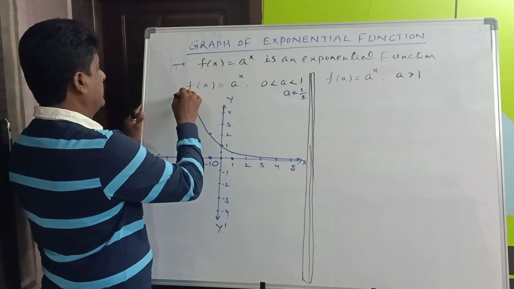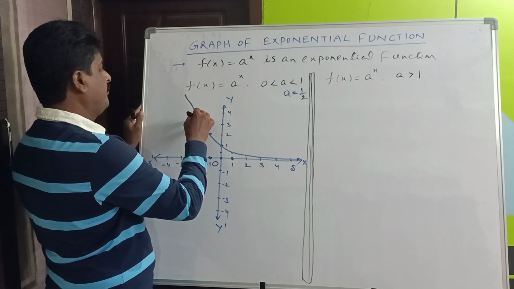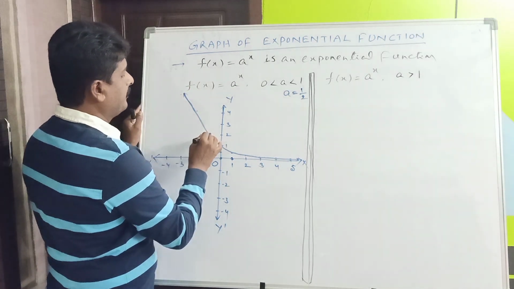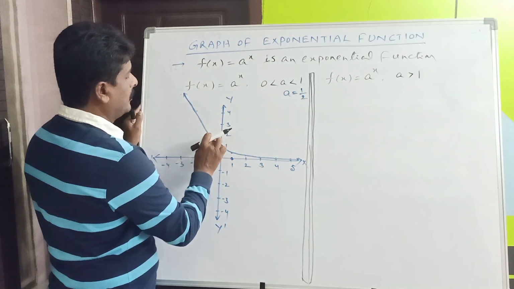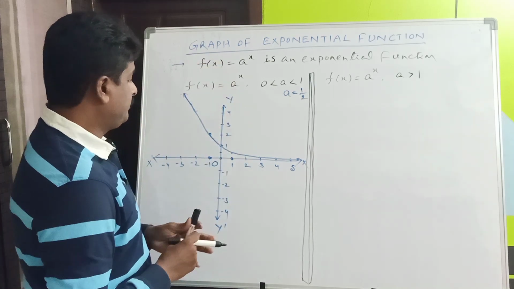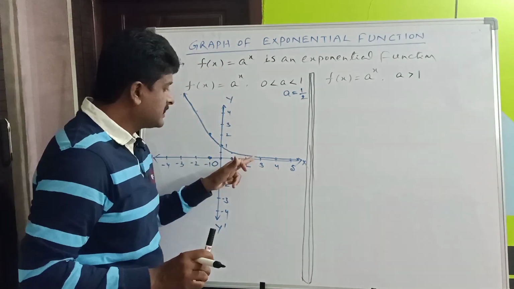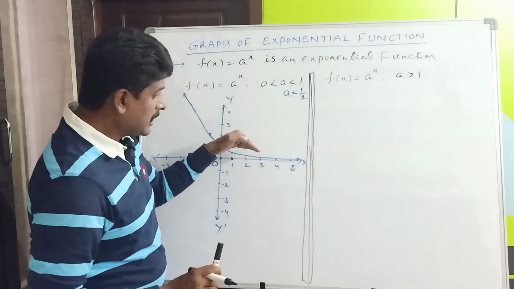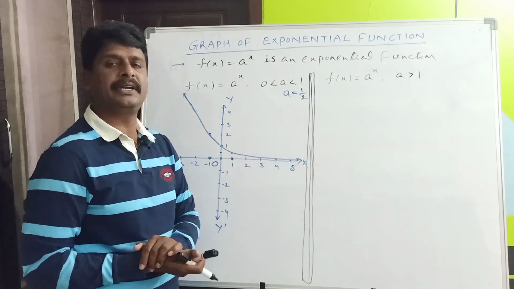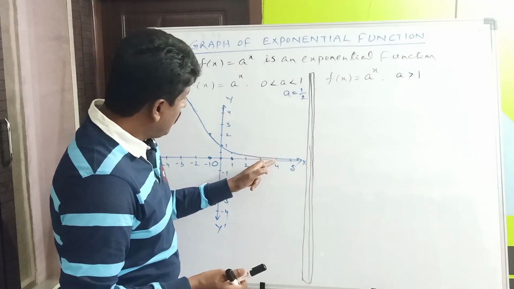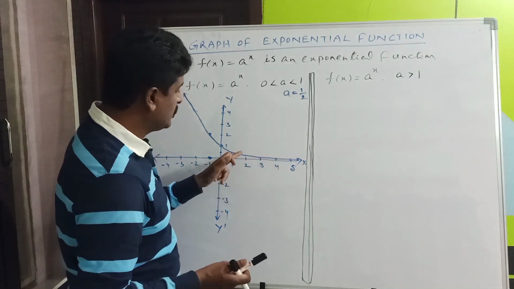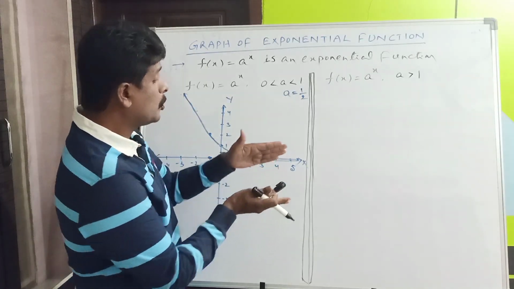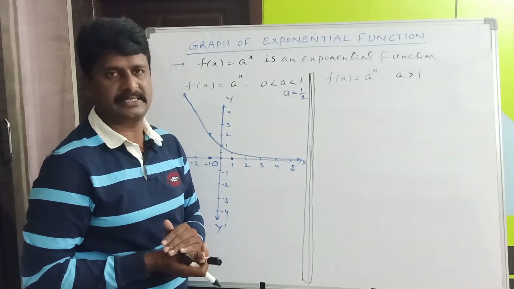Observe that this is the graph of an exponential function. You see, as x values are increasing on the x-axis, the corresponding f(x) values are decreasing. After a certain stage, the graph of a^x almost looks like it is coinciding with the x-axis.